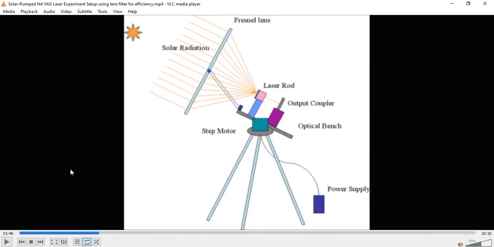I had a setup with a Fresnel lens, which is a big sheet of plastic with grooves etched in it, and this would focus the ambient solar radiation on a laser rod, and with an output coupler I could measure the power. And this is the general schematic of this setup.